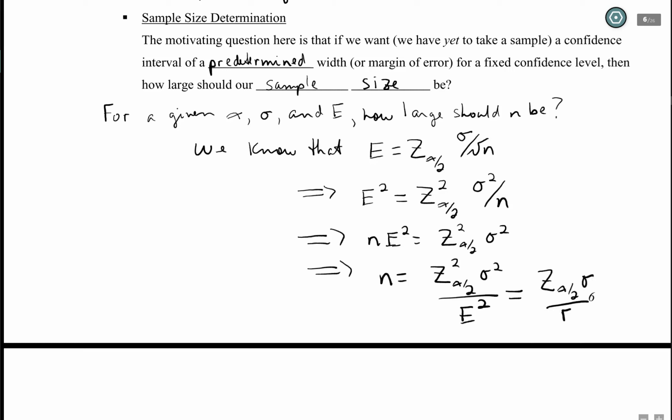It looks at this ratio here and then it squares everything. But that is the sample size required to have a confidence interval of a margin of error E and a prescribed confidence level and also a known standard deviation. Okay?